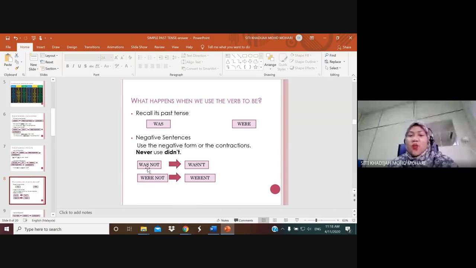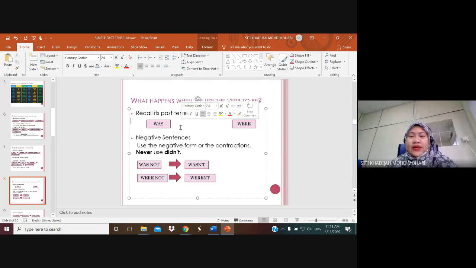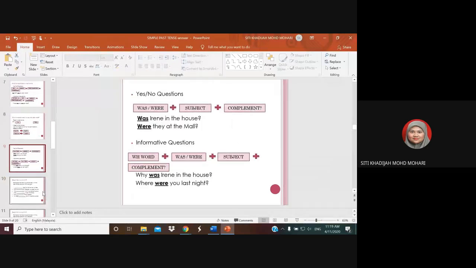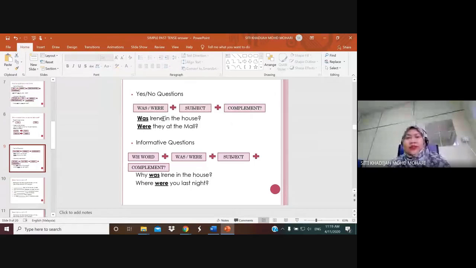Okay, this is the negative sentence. Okay, this is the contraction. Was and were. Was is for singular noun, were for plural noun. Yeah, this is for the verb to be. Was is the past of am, and were is the past of are.